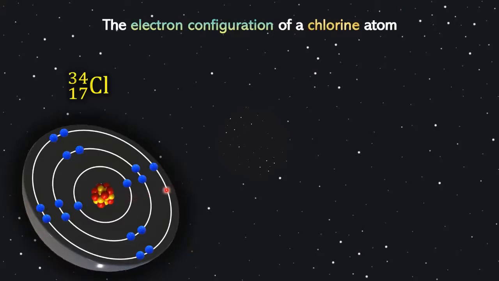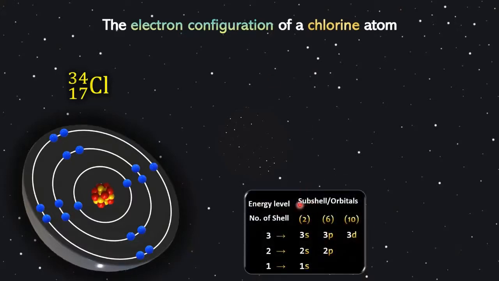Now, electron configuration is another way to represent the distribution of electrons that are arranged in shells and subshells. A new term is subshell. Subshells are paths of electrons in different shapes.